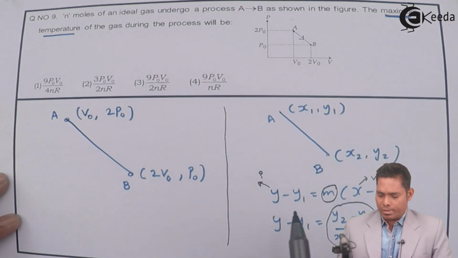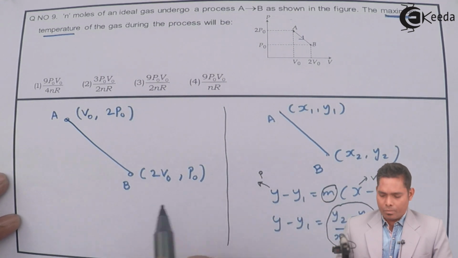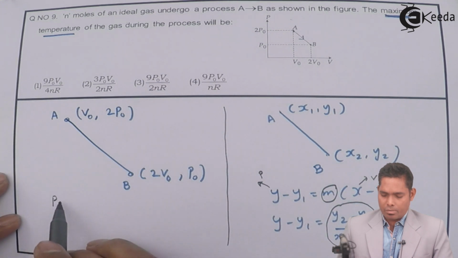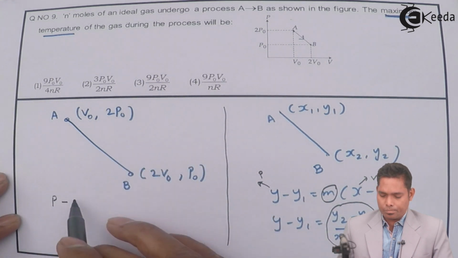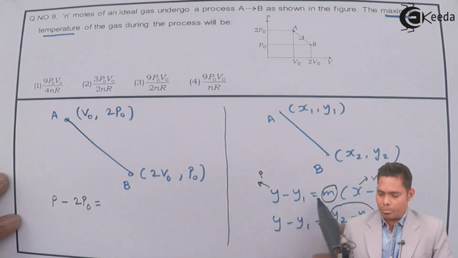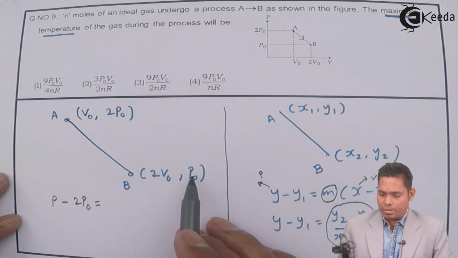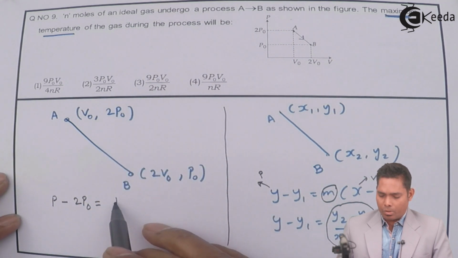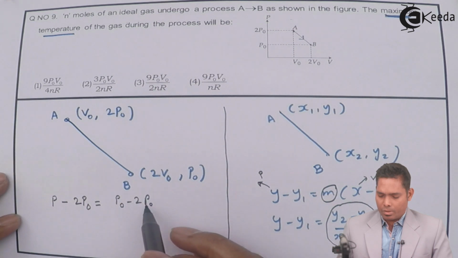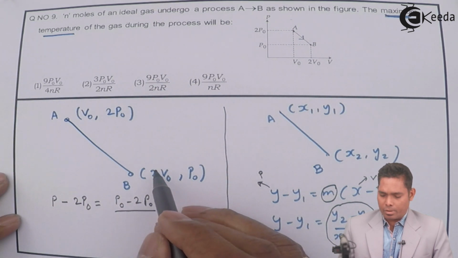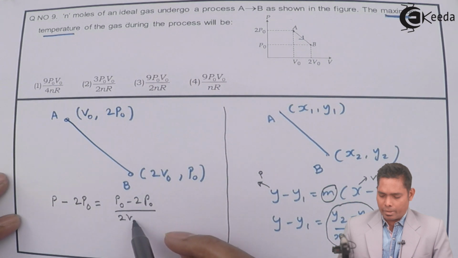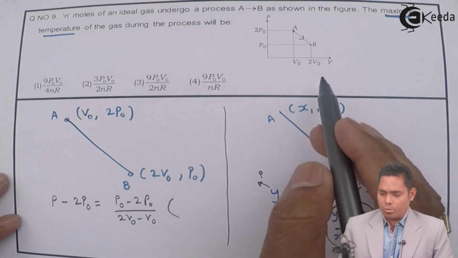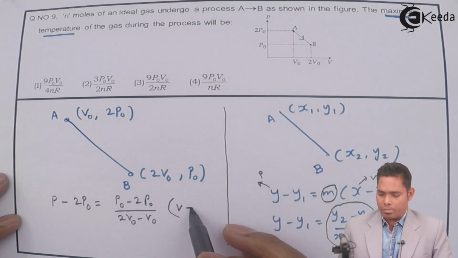So P minus y1 equals y2 minus y1, that is P0 minus 2P0, divided by x2 minus x1, that is 2V0 minus V0, into V minus V0.